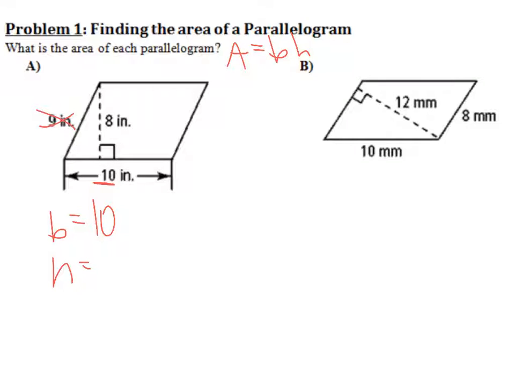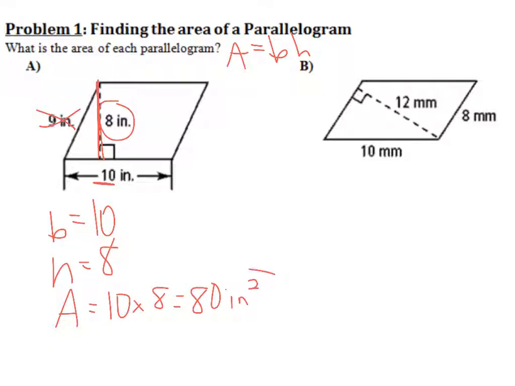That's not what we want. We want to use the vertical length right here, the 8. So to find my area, I take my base times my height, and I get 80 square inches.